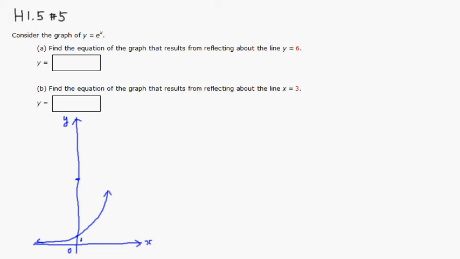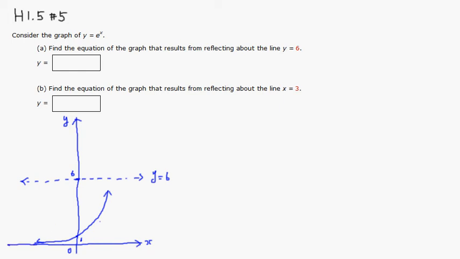So this is the line of reflection, right? So this is y equals 6, right? So look at how this is going to be reflected, and you can see that the original exponential function gets closer to the x-axis as x is getting smaller and smaller. So I'm going to use this x-axis as a reference.